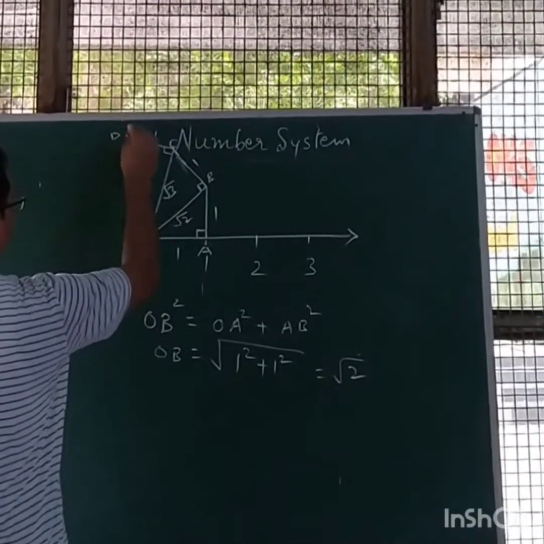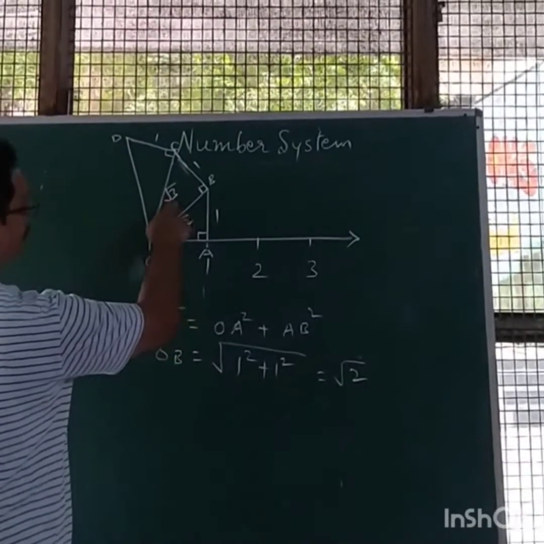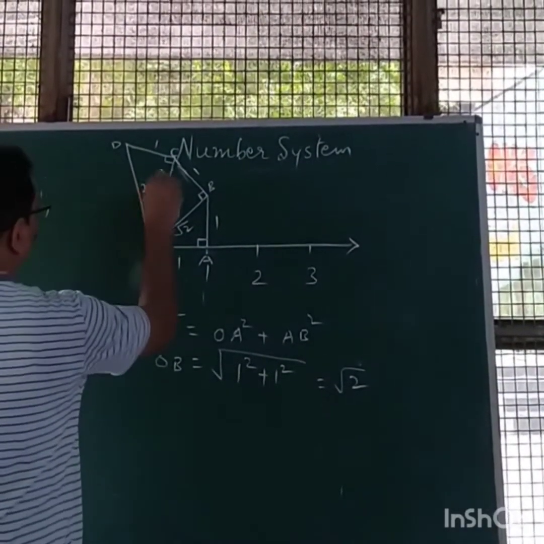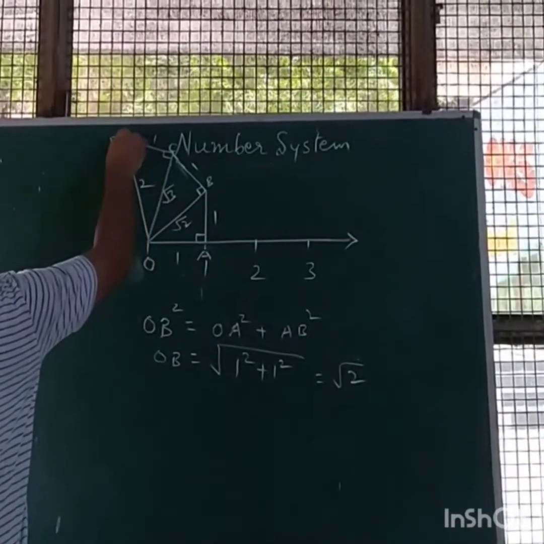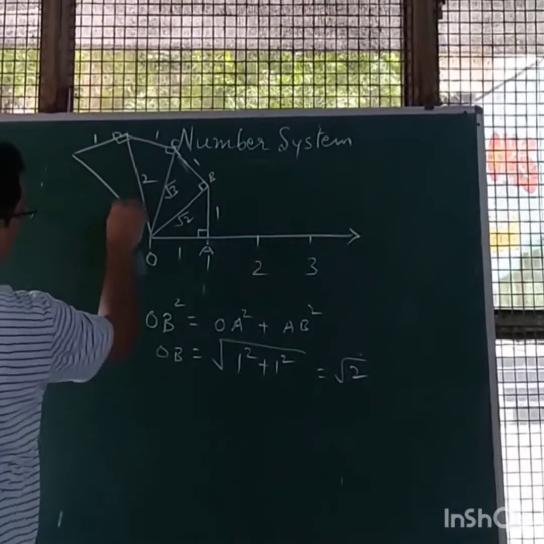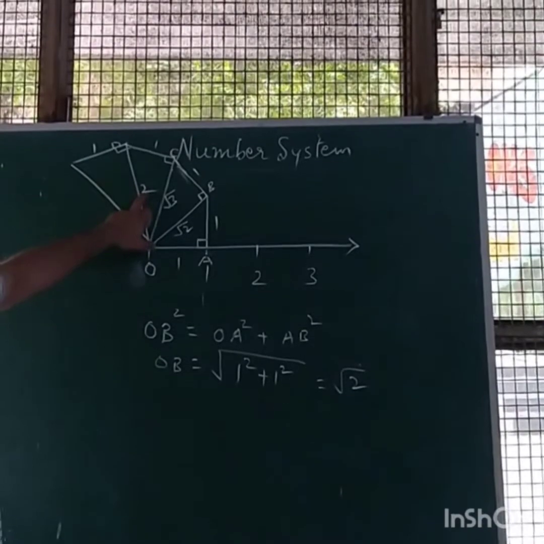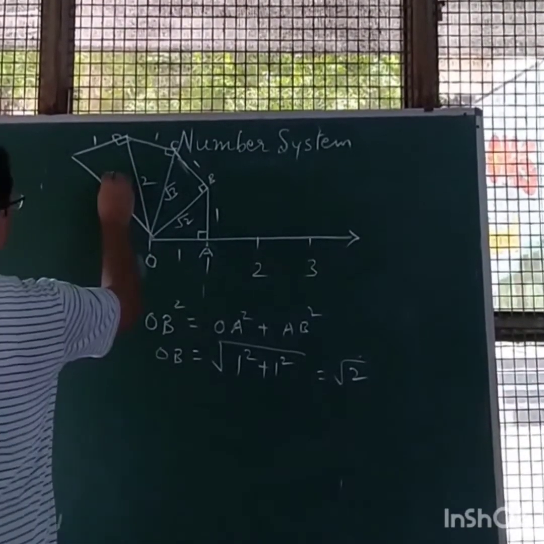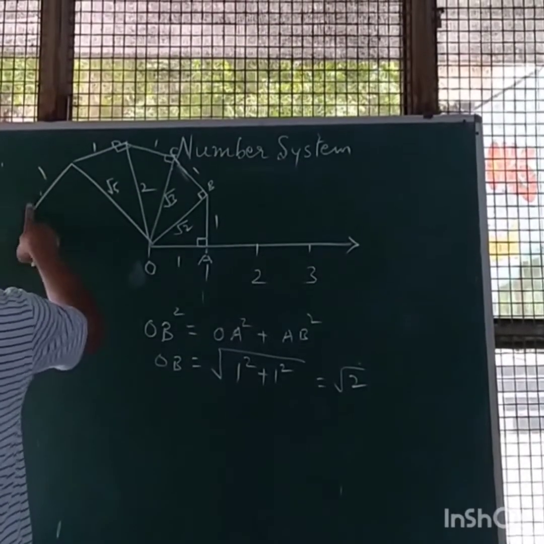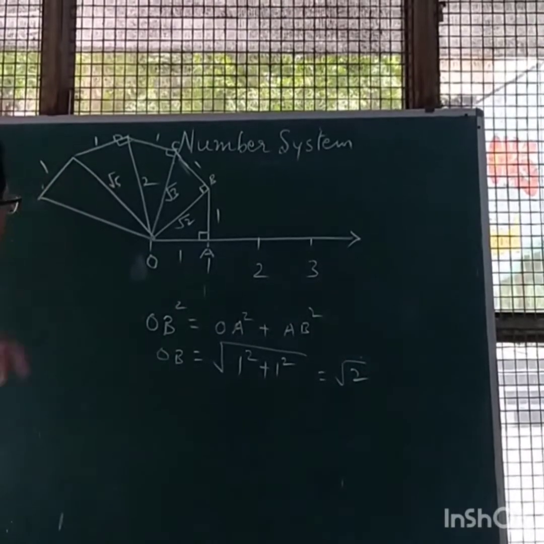Let this point be D. Join this. This is under root 3 square is 3, and 1 is 4. This is 2. Let us make a perpendicular here, 1 unit. What is this? 2 square is 4, plus 1, under root 5. Again we can have 1 unit, and now what is this? 5 plus 1 is 6, under root 6.